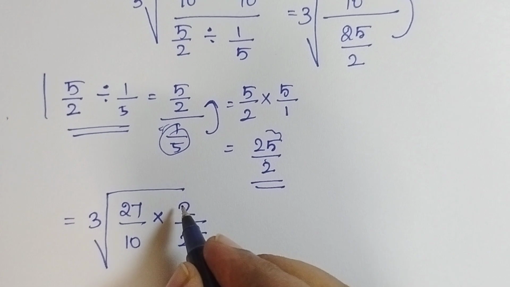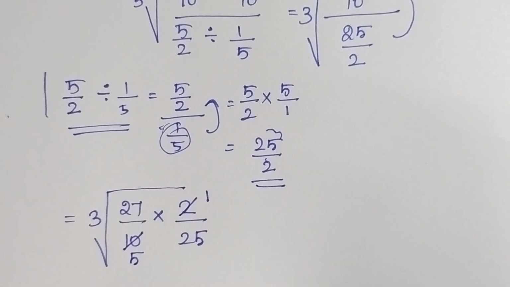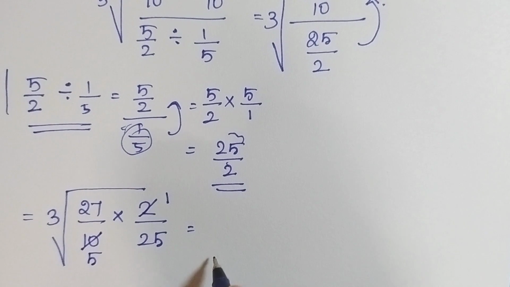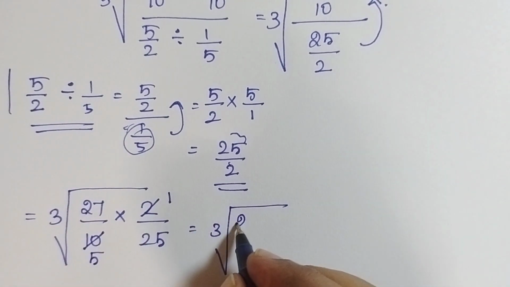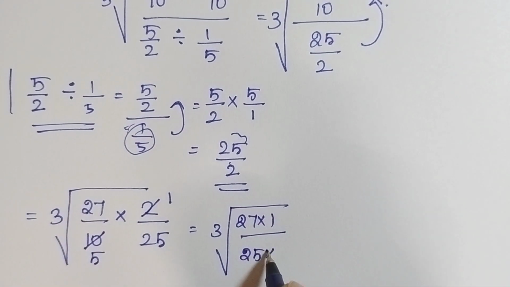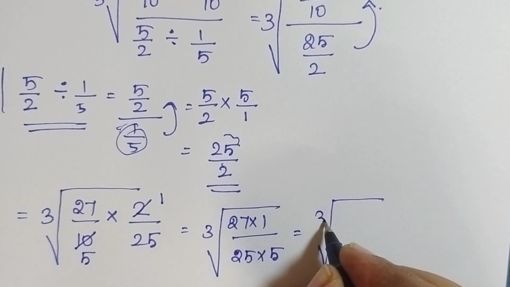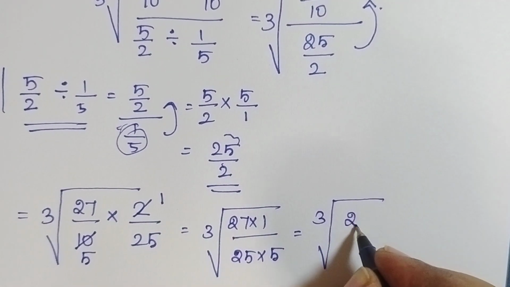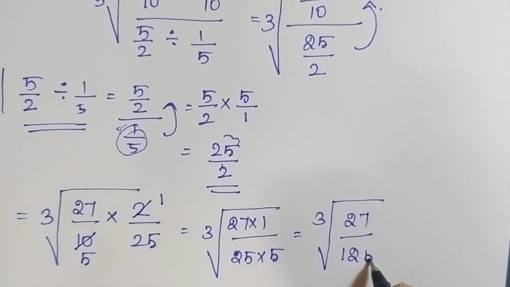If I cancel, 1 2 is 2, 5 tens are 10. So it is equal to the cube root of 27 into 1, divided by 25 into 5, which is the cube root of 27, and 25 into 5 is 125.